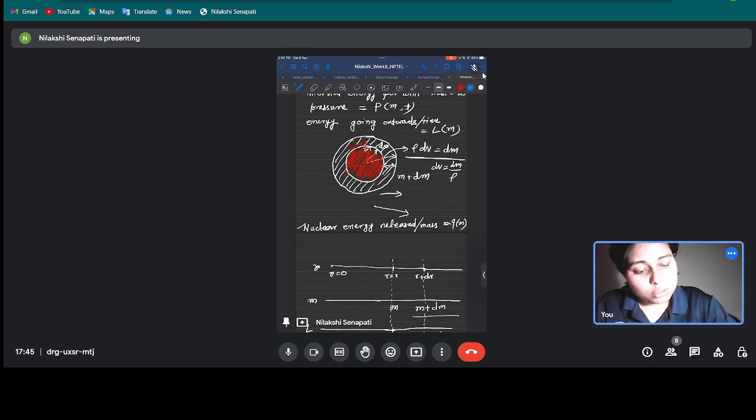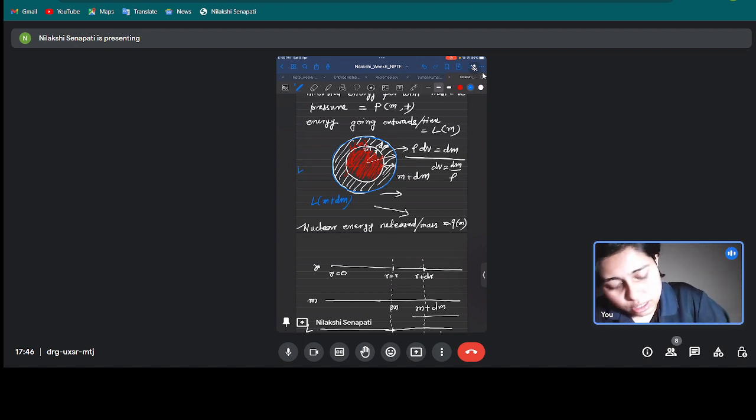Now it has a mass which is expanded to m plus dm, and some delta t time has also elapsed in between. Then we are getting the luminosity from l m plus dm.